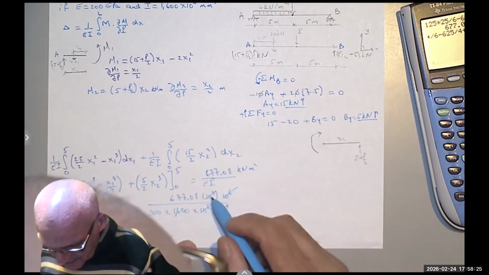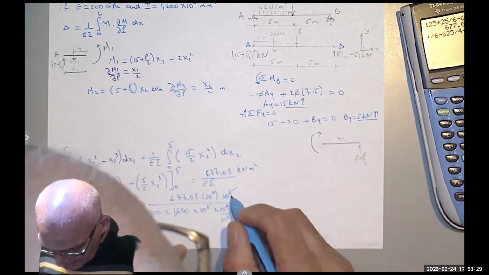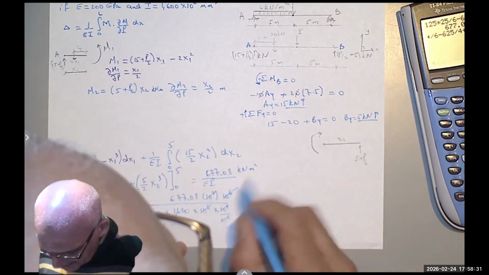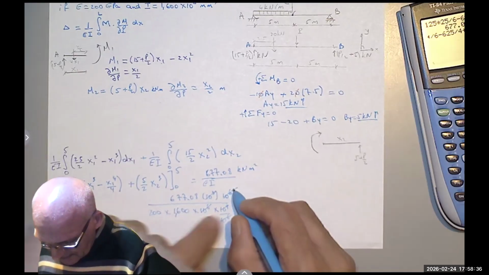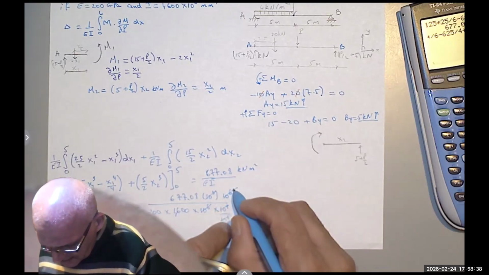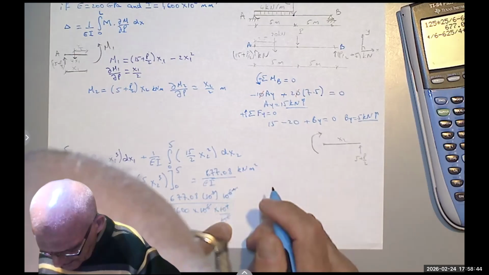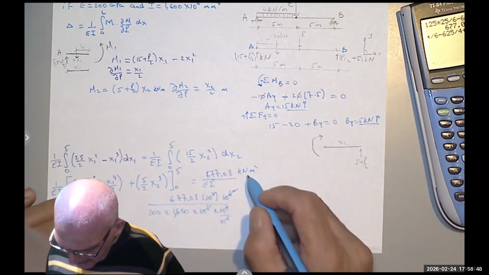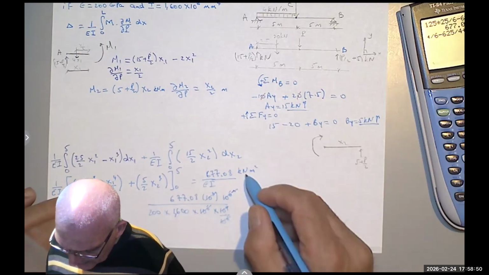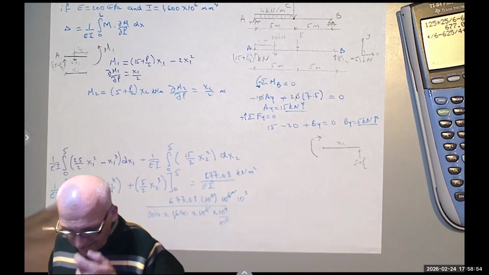Because even though we did multiply here to make that millimeter squared, and this, we made it millimeter squared. Yeah, I think that's correct. So you have to multiply by 1,000 again to make it in millimeter.